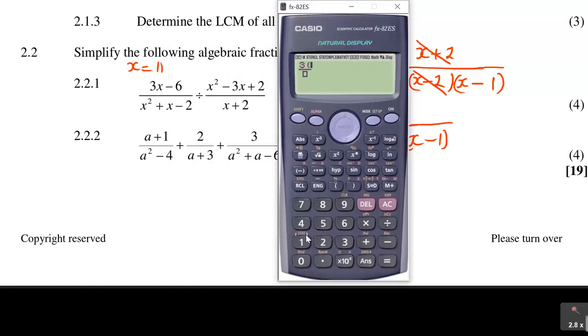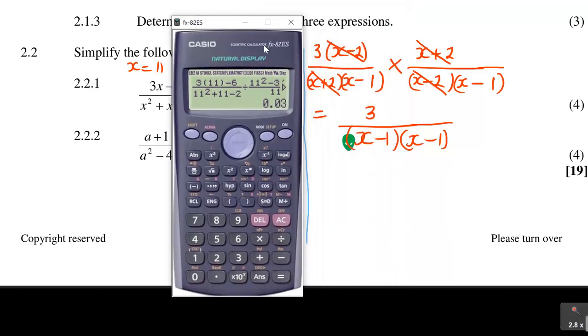So it's 3 into 11 minus 6 over 11 squared plus 11 minus 2, divided by, again a fraction, 11 squared minus 3 into 11 plus 2 over 11 plus 2. So you've got that. You see I'm getting 3 over 100, or 0.03.